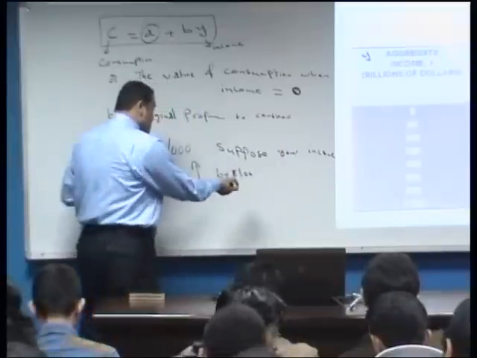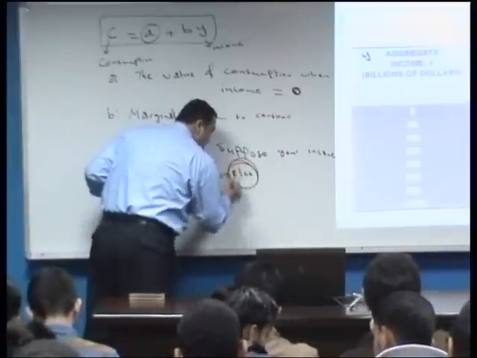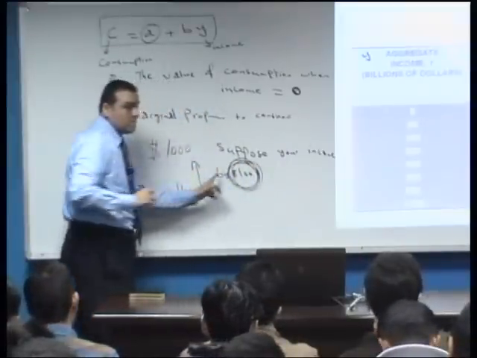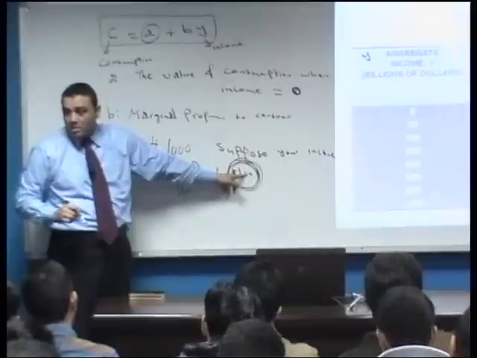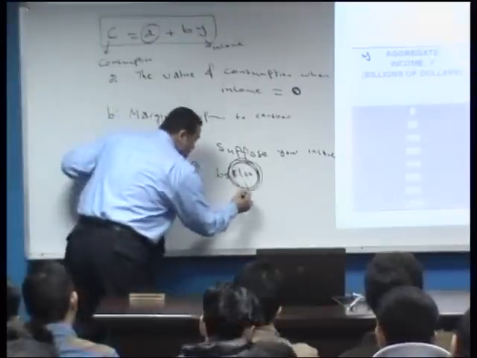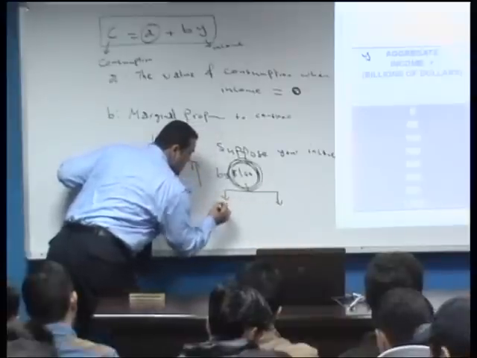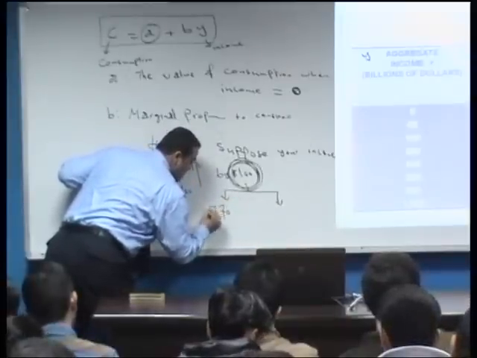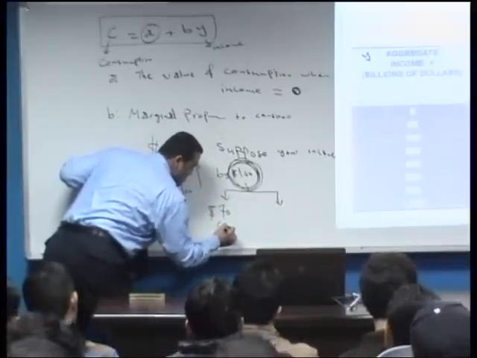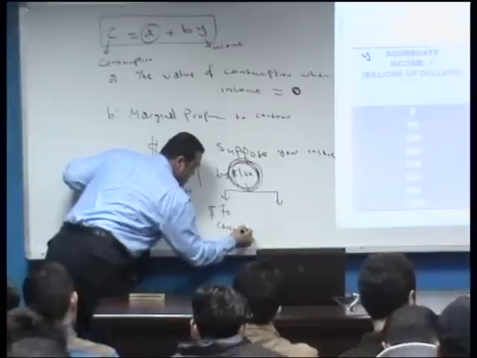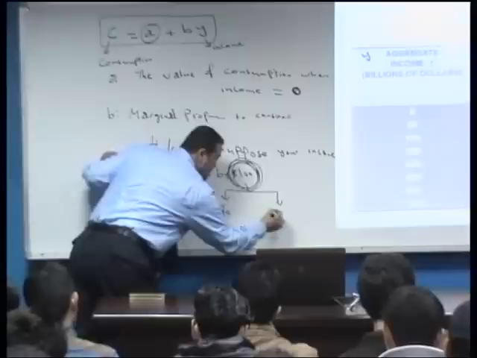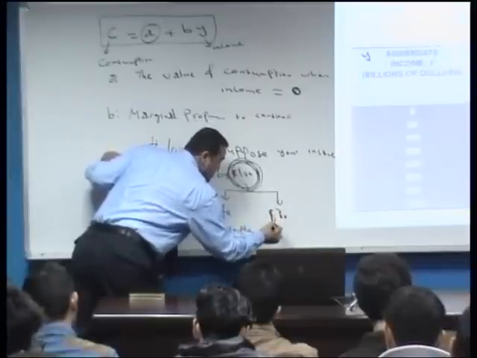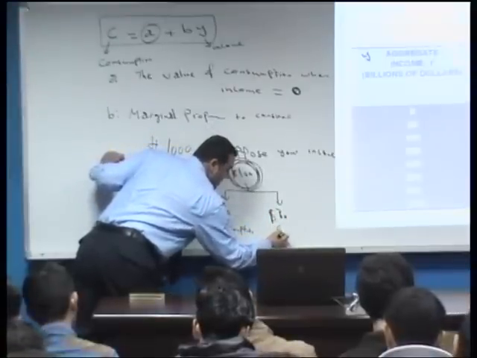So suppose we used this increased income of $100: $70 goes to consumption, and $30 goes to saving.